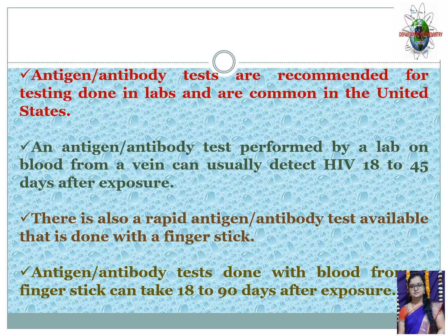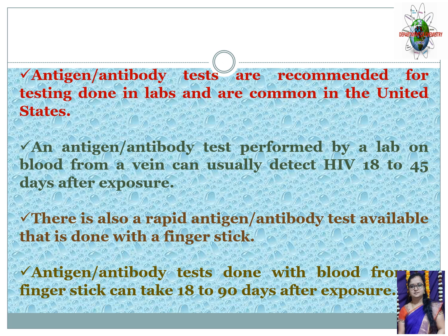Antigen antibody tests are recommended for testing done in labs and are common in the United States. An antigen antibody test performed by a lab on blood from a vein can usually detect HIV in 18 to 45 days after exposure.